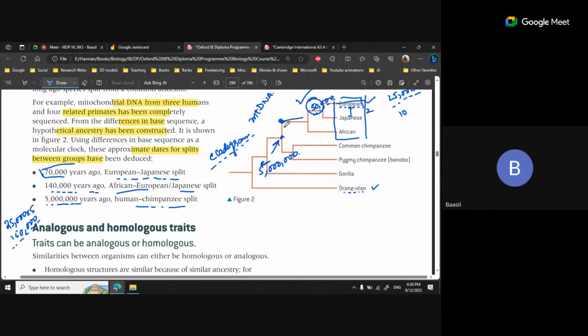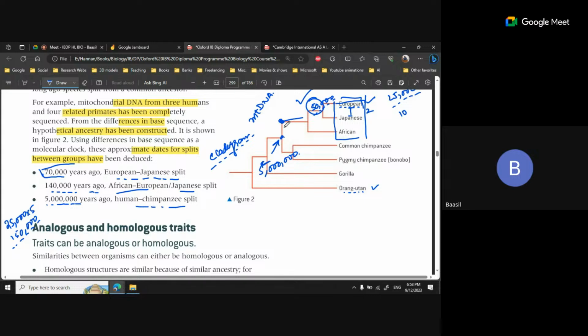Got it? Yes, sir. This might be a silly question, but humans, we're saying that the mutation rate is almost once every 25,000 years, right? In mitochondrial DNA, yeah. So for humans, would we not expect them to change quite a lot with the mitochondrial DNA?